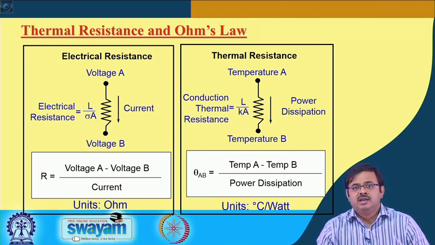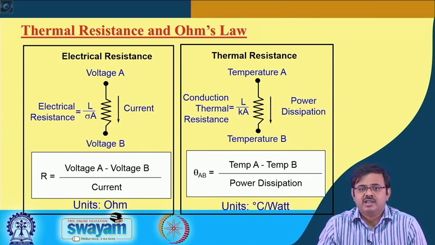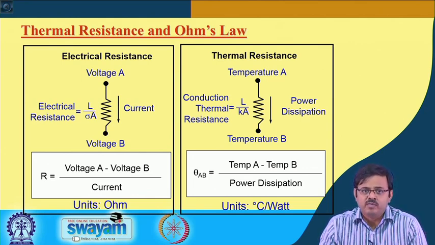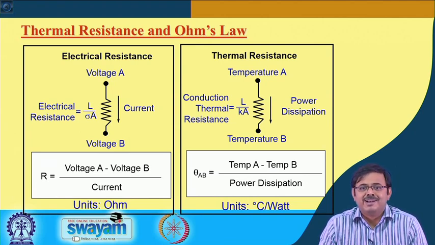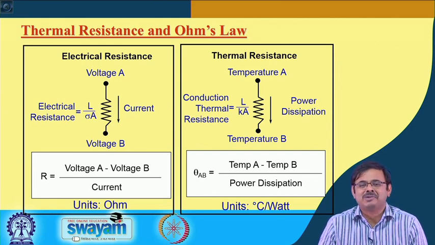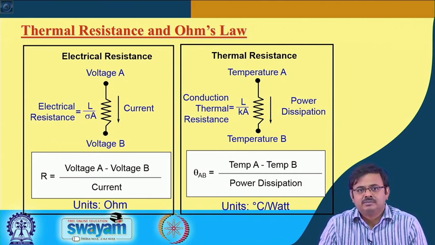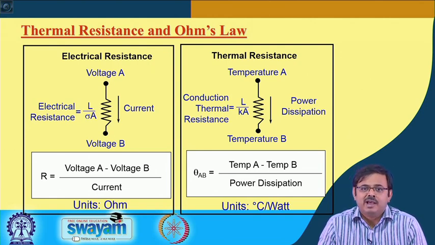Now, unlike electrical resistance, where the unit is named after the person who first introduced this, which is ohm, for thermal resistance we really do not give credit to somebody specific for coming up with this concept. It just came out naturally, and therefore, the units remain degree C per watt or Kelvin per watt. Okay. Ohm is actually what? Volt per ampere.